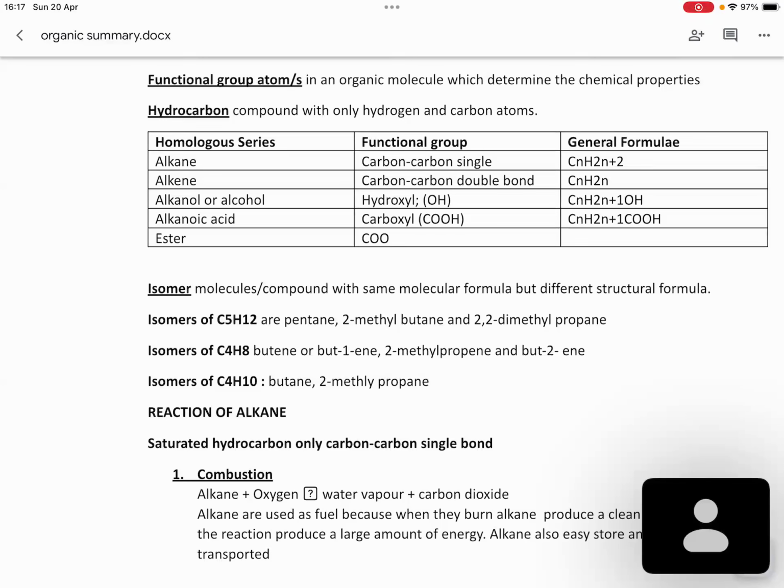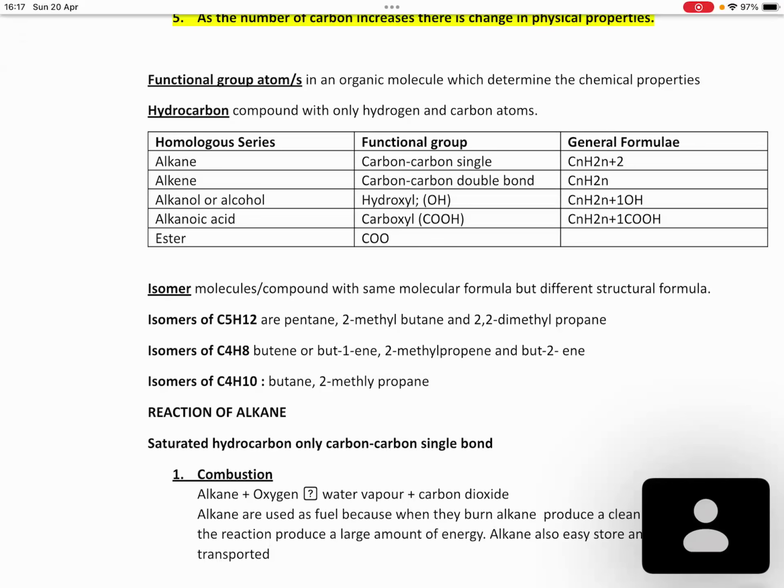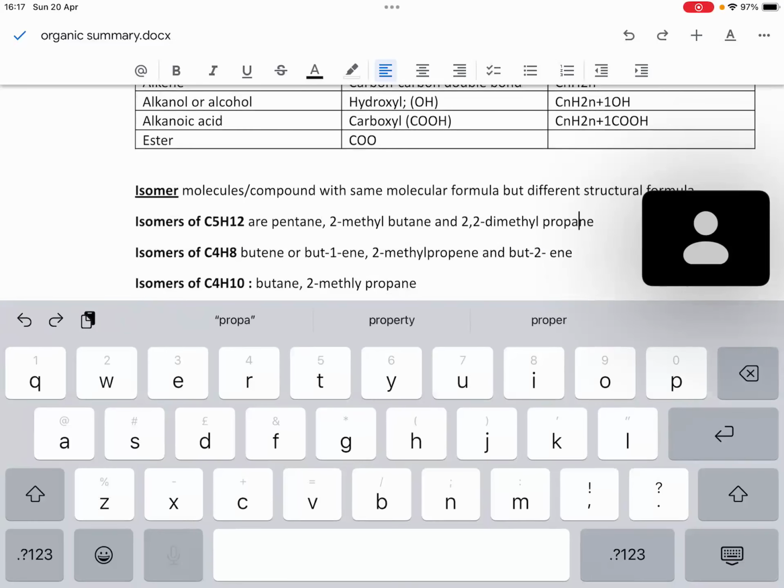Now we need to memorize, and we see, girls, we didn't do isomers of C4H8. So now is a very important time to make a note of this. Isomers of C5H12 are pentane, 2-methyl-butane, 2,2-dimethyl propane. You should be able to draw all of these. Isomers of C4H8 are but-1-ene, 2-methyl-propene, but-2-ene, as well as, which one don't I have here?